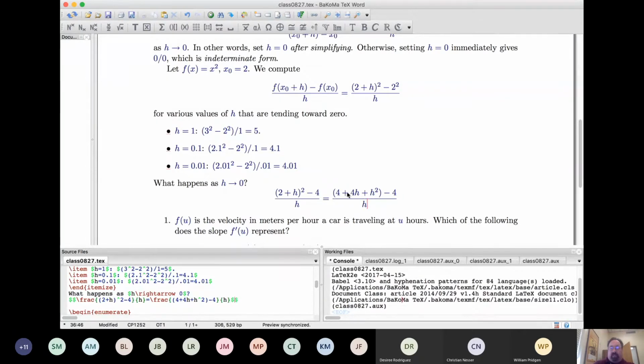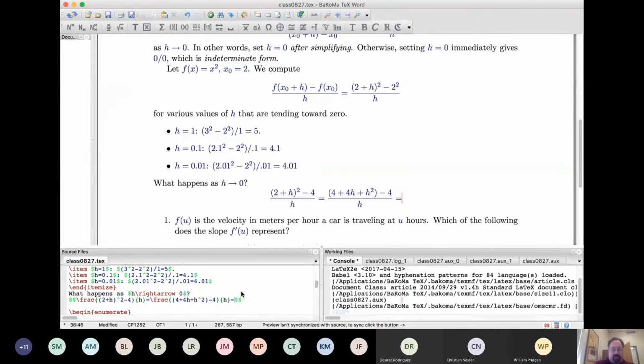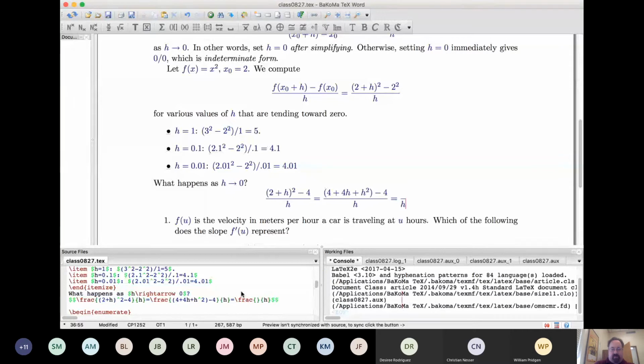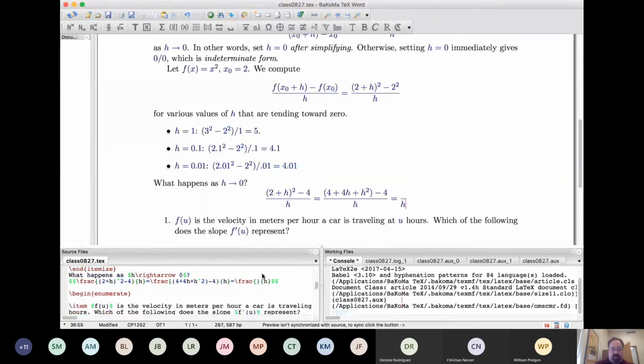So what I can do now is simplify this. What can I simplify? What can I do with this?